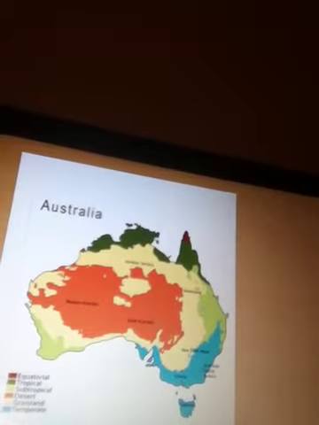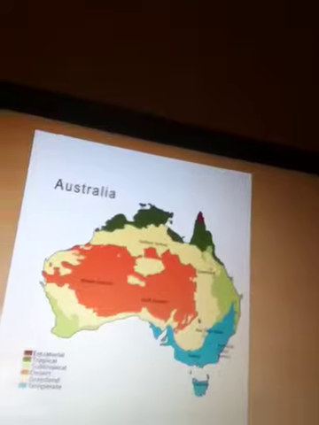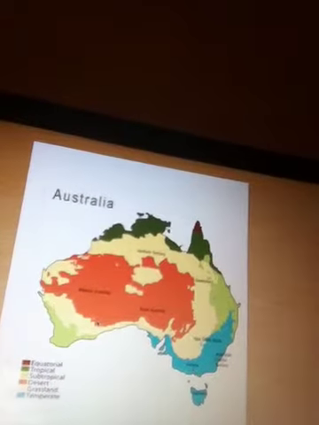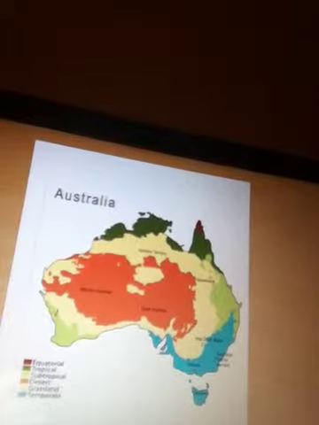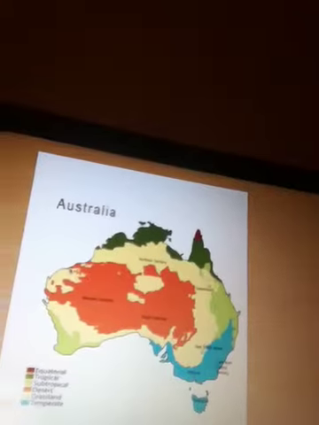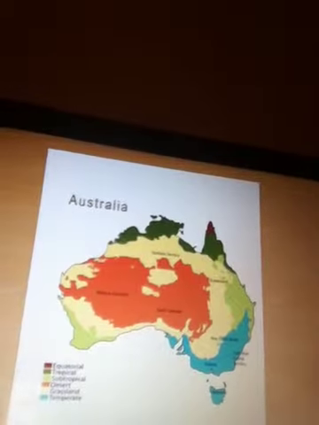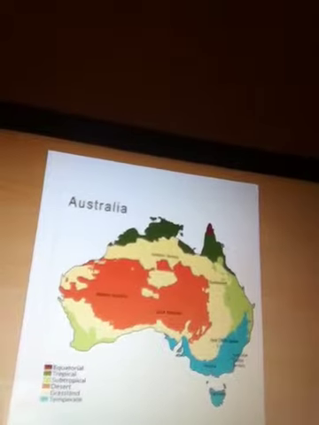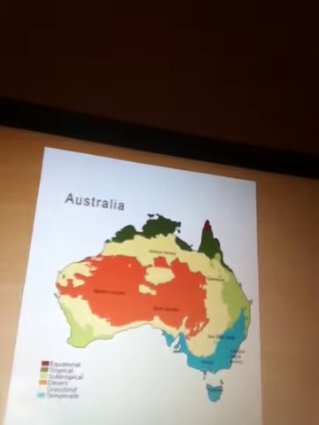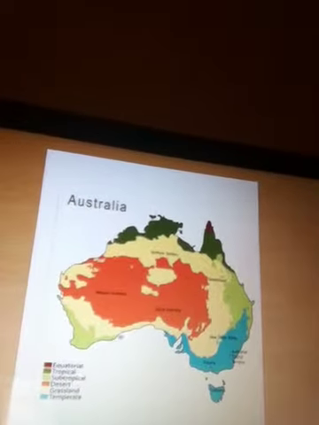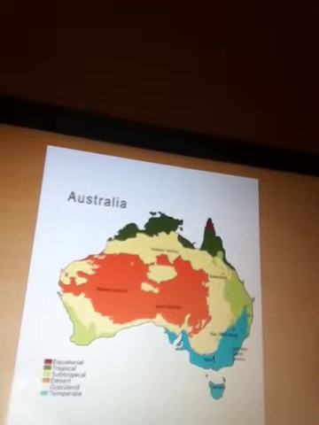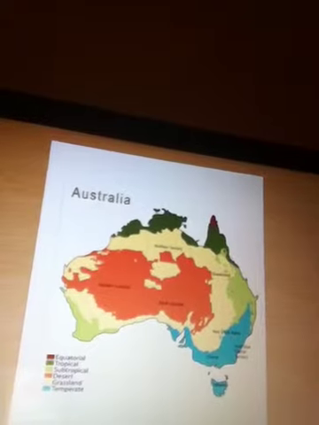So you can see that most of Australia isn't really very usable in terms of farming and land, just because of the sheer geography of it. Only the coast provides a good area for humans and supporting them as far as farming and whatnot.